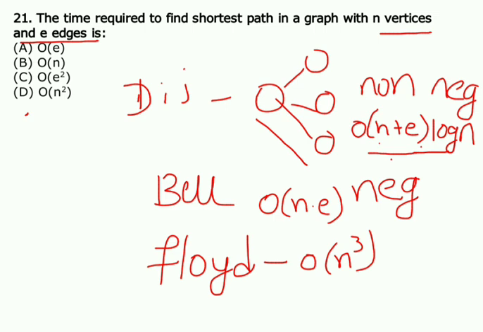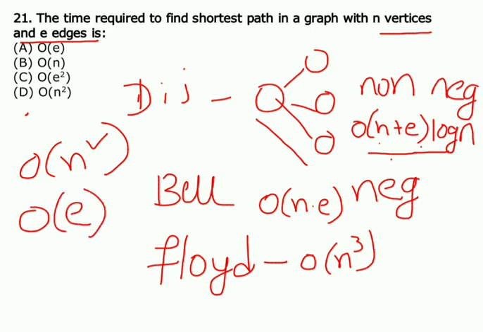So in the case of a dense graph, it will become big O of n square, whereas in the case of a sparse graph, it will become big O of e. In this way, if we consider, we will get the answer, that is, option D is the correct answer. They have not directly given the options here, so they have indirectly mentioned the options for dense and sparse graphs.